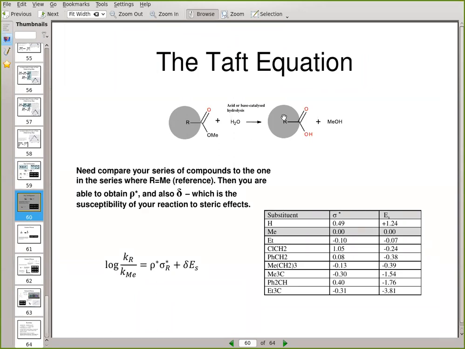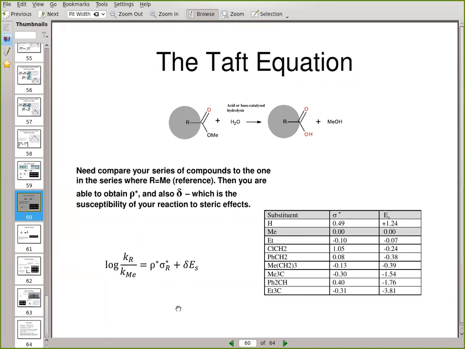If you do the reaction with a methyl group, then you've got your own internal reference of a methyl. And on your y-axis, you can plot the log of a rate over the methyl rate as your unsubstituted case. But now your task is to find a rho and a delta that fits the curve.